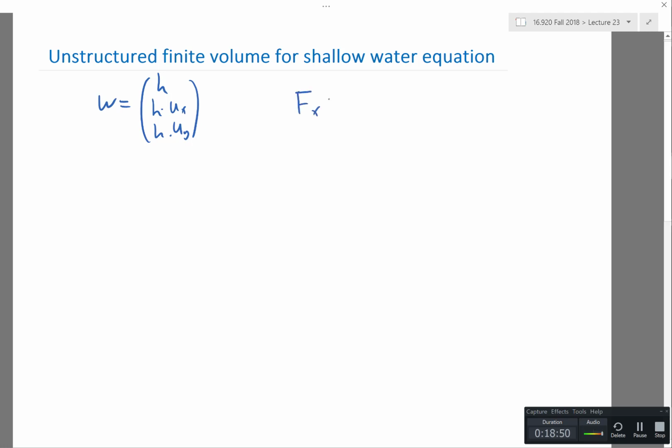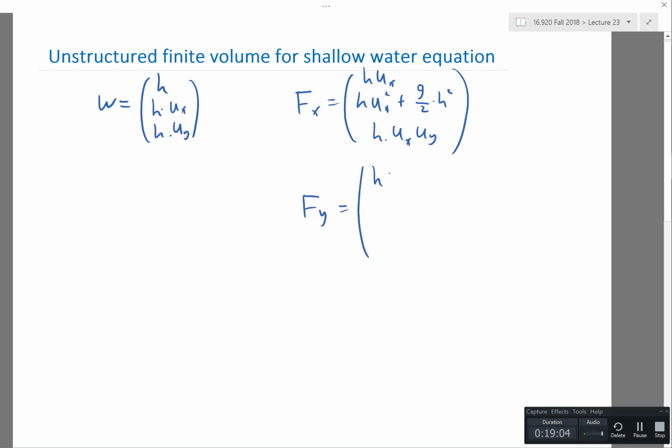And our x directional flux is h ux squared plus the pressure, half of g times h squared, and h ux uy. Our y-directional flux is similar: h uy, h ux uy, and h uy squared plus half of g h squared.